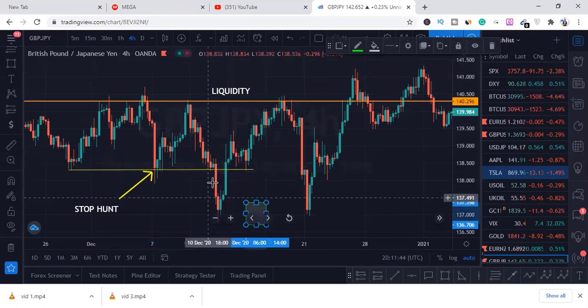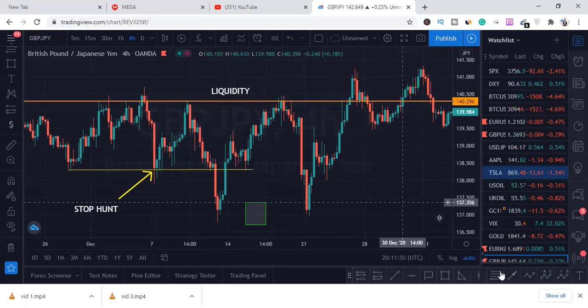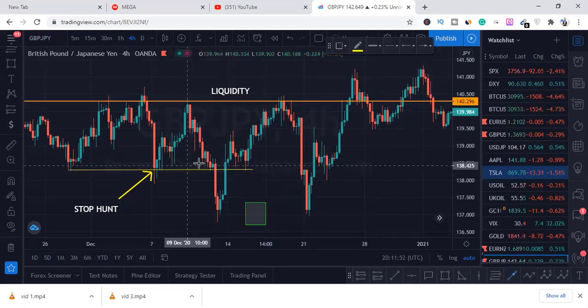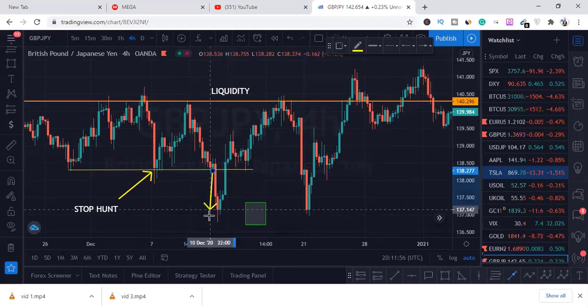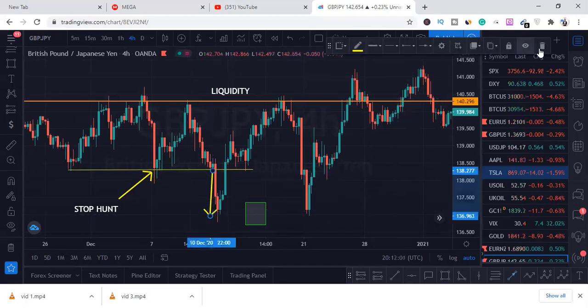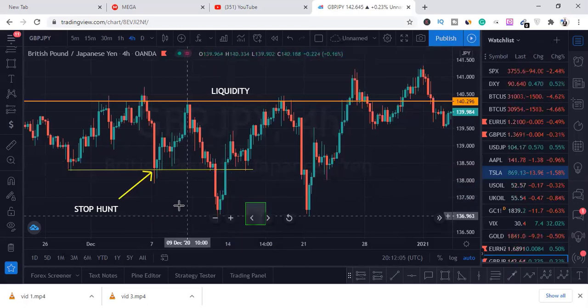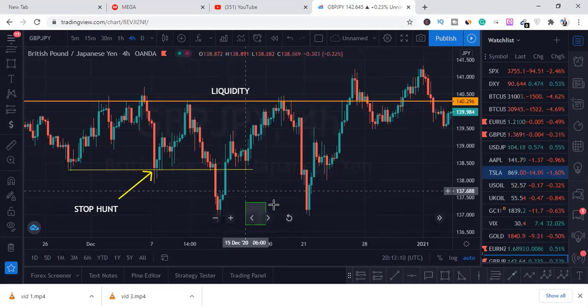And if you notice, immediately they enter the trade, there was a strong push to the downside, as you can see right here. And this is what we call a turtle soup. In this case, this is a turtle soup buy model.